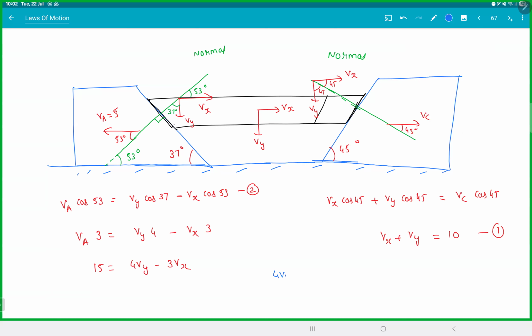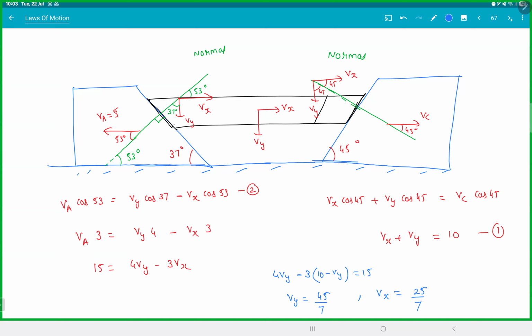So we'll get 4Vy minus 3Vx will be 4Vy minus 3 times (10 minus Vy) is equal to 15. That will become 7Vy equals 45. So Vy will be 45 by 7. If Vy is 45 by 7, then Vx will be 70 minus 45, 25 by 7. That's your answer. Check out the steps. So 25 by 7 i cap and 45 by 7 minus j cap.